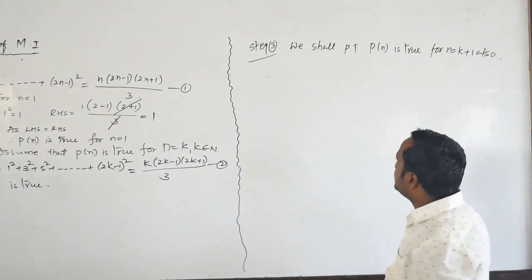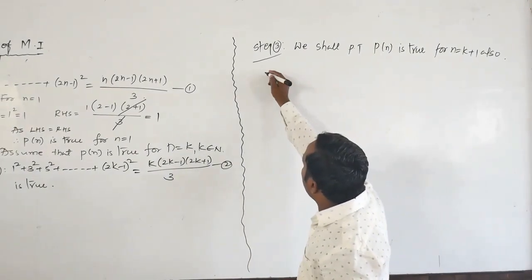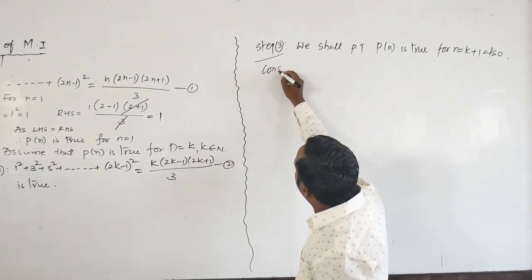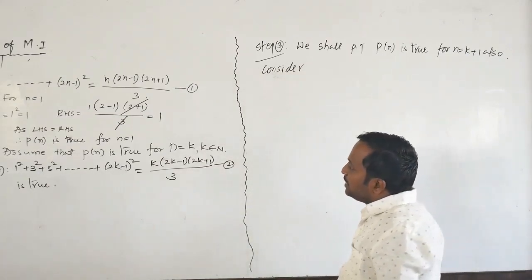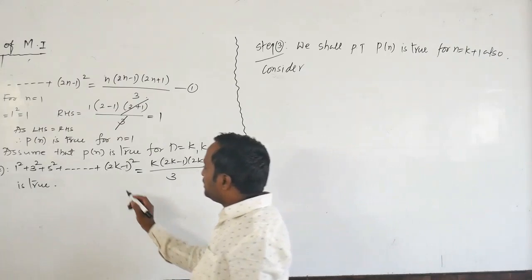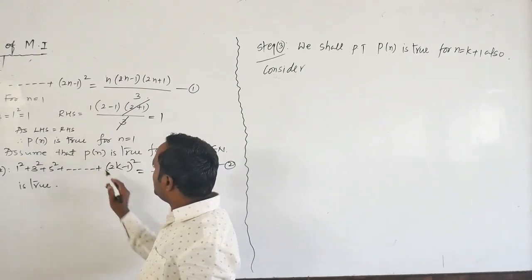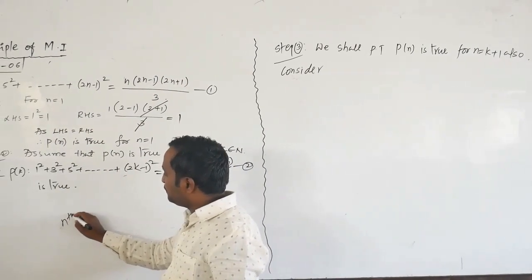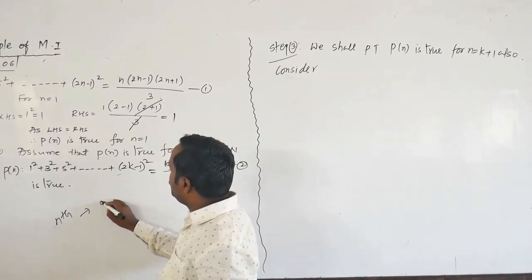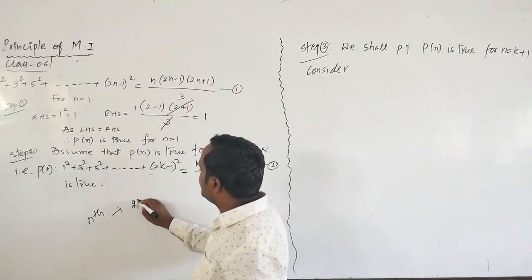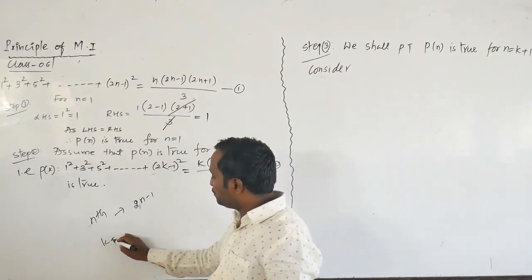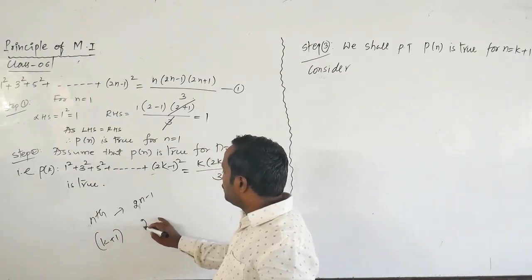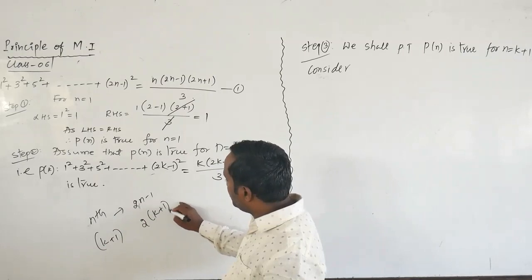Consider the next term. The nth term is (2n minus 1) whole square, so the (k plus 1)th term is (2 into (k plus 1) minus 1).